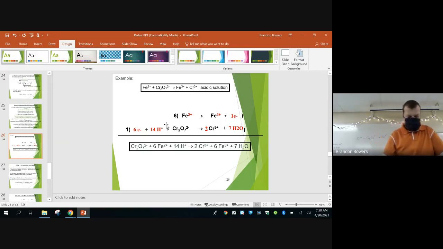Step one. If you have that picture out in front of you, step one says, first split the original equation into 2 half reactions. One of them's reduction, one of them's oxidation. Well, do we know what's being oxidized or reduced right now? Which one's being oxidized?